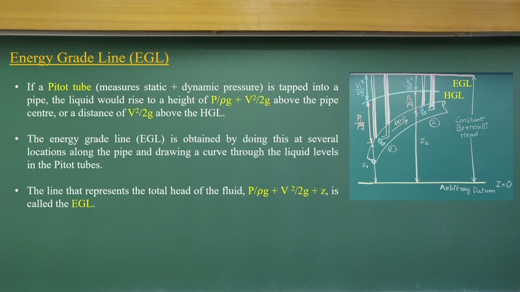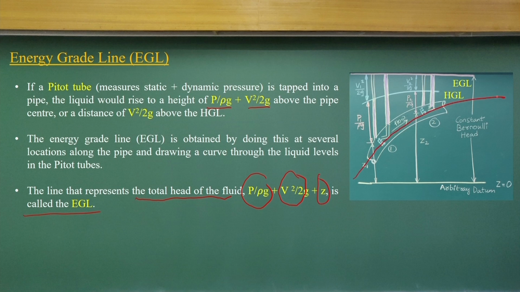If a pitot tube is tapped in the pipe, the liquid will rise in height, which will have the static head and the dynamic head above the pipe, and that will be the dynamic pressure of V square by 2g, the velocity head part. That is what we draw using the energy gradient line, which represents the total head of the fluid: flow energy, kinetic energy and potential energy.